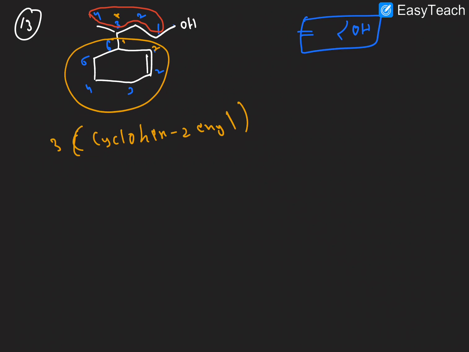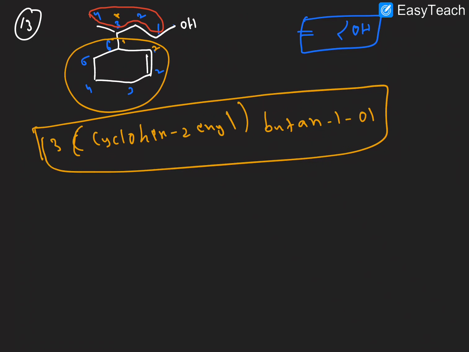And next, the number of carbons in the chain is 4 carbons, nothing but but, all carbons single bond, butane, but instead of the e we can write ol, which place is there, 1-ol. So this is the IUPAC name of this compound, right? Next one, the 14th example.